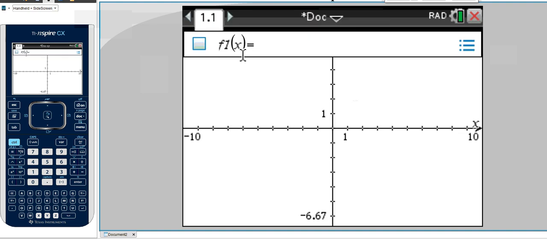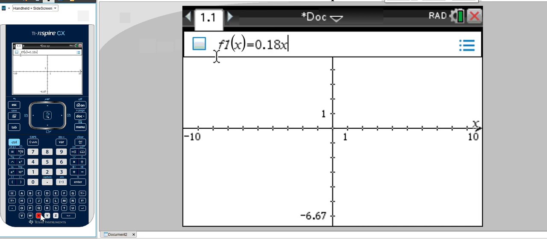You have your first function here, and that is C equals 0.18W plus 20.64. So what we're going to do here, your f of x is y, or C in this case. So 0.18x plus 20.64.